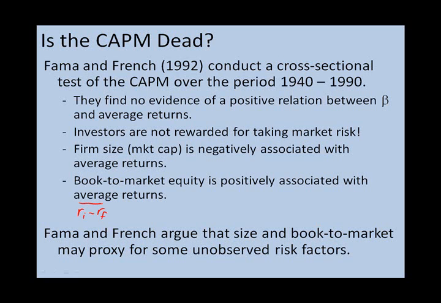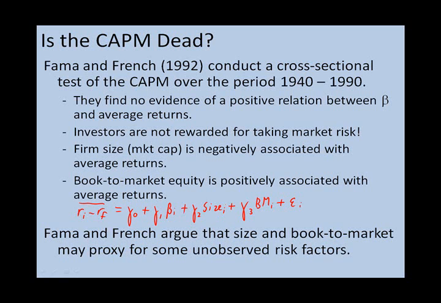They looked at average excess returns and said that average excess returns are going to be related to an intercept plus gamma 1 times the beta for each stock plus gamma 2 times the size of each stock plus gamma 3 times the book-to-market ratio for each stock plus an error term.